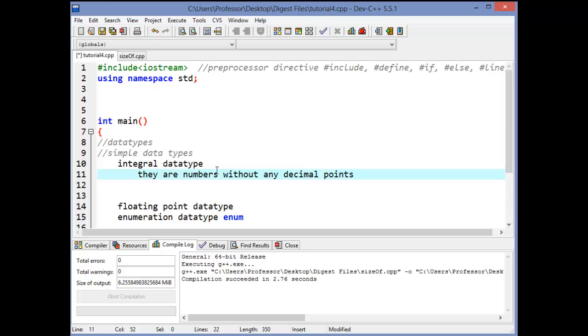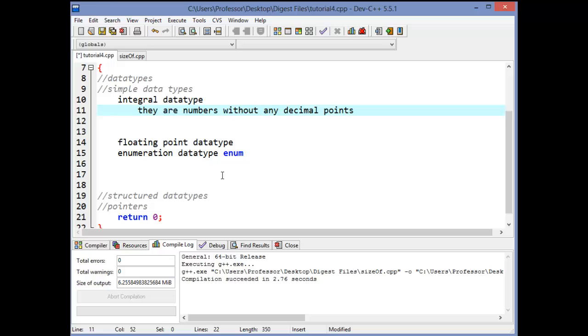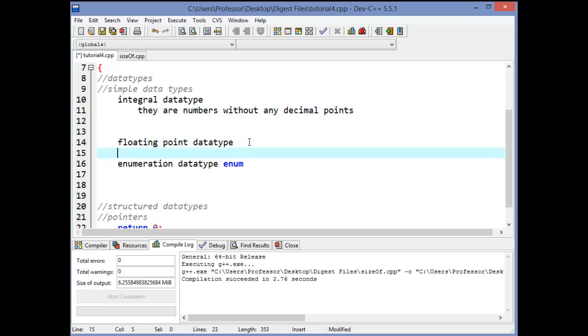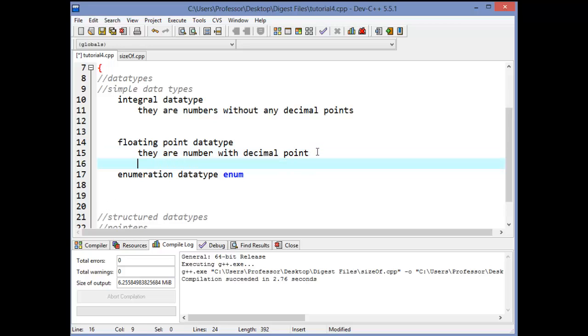So talk of the whole numbers, talk of integers, they are all integral data types. Then when we talk of the floating point data types, we say that they are numbers with decimal points. So any number that has a decimal point is referred to as the floating point data type in C++.